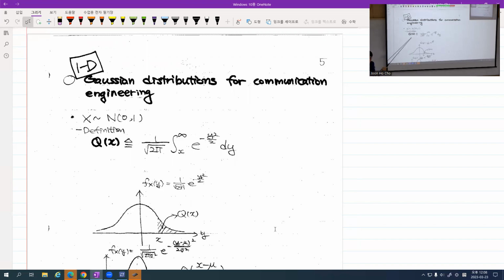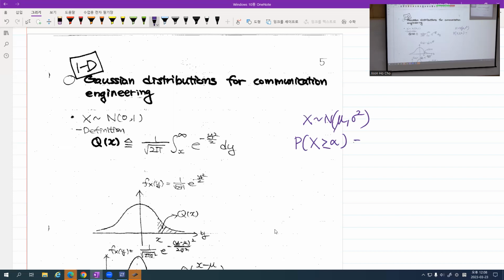How? You normalize. So you plug in the normalized version of X. So X is Gaussian with mean mu and variance sigma square, and you want to find the probability of the right tail, so some alpha.